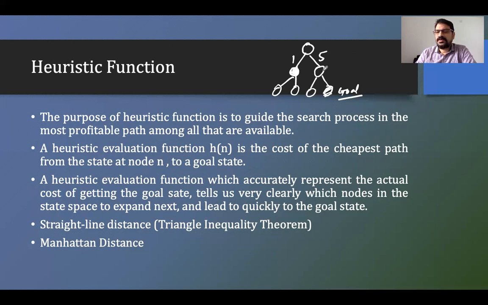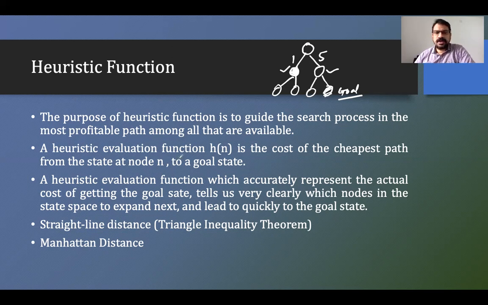So that extra information is provided in the problem so that we can decide which node to explore. That will be done by the heuristic function. The heuristic function will guide us on which path has to be chosen so that we get the solution, and that solution will give you the profitable path.